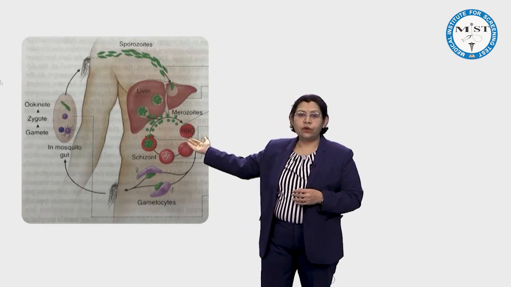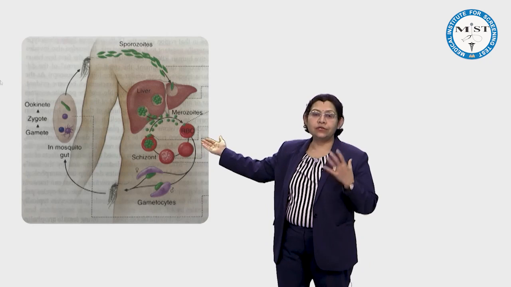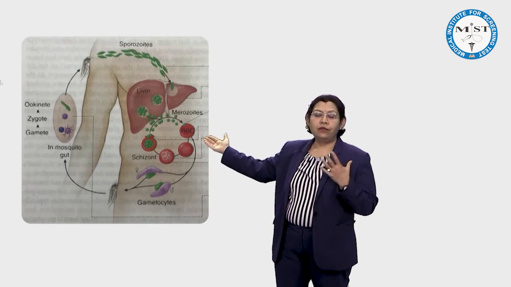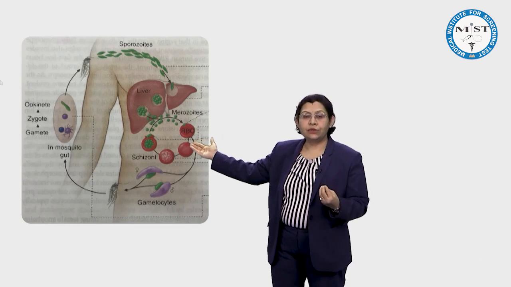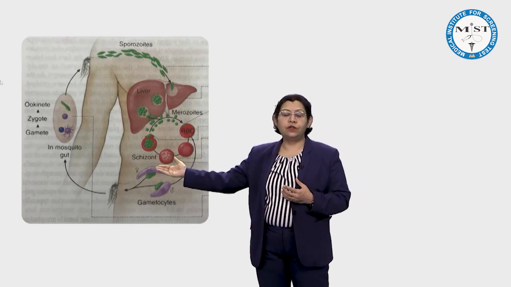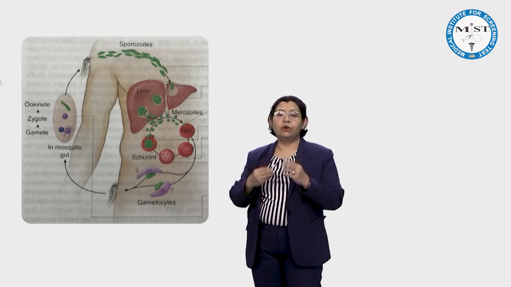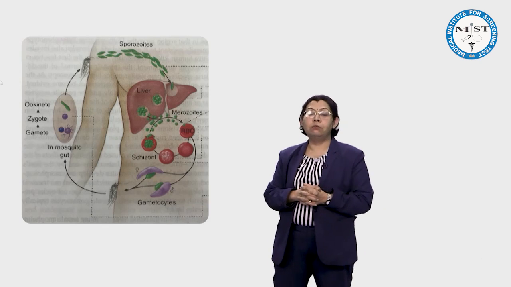Then these merozoites attack RBCs, and the erythrocytic phase starts, where they undergo trophozoite and schizont stages and ultimately rupture as merozoites. The rupture of the RBC suddenly causes the spike of fever which is commonly seen in malaria.